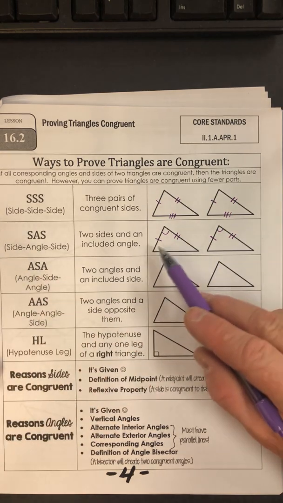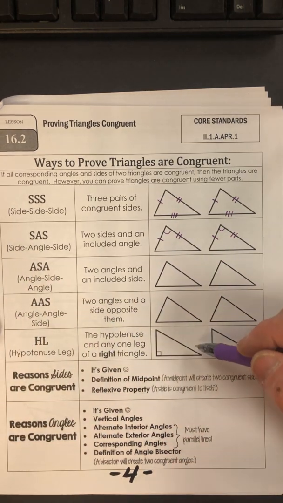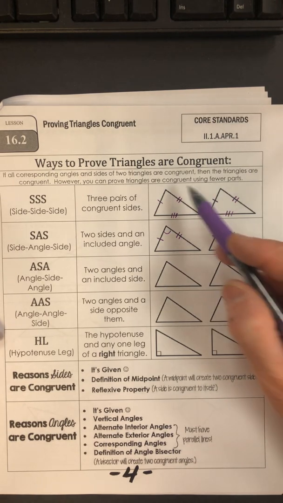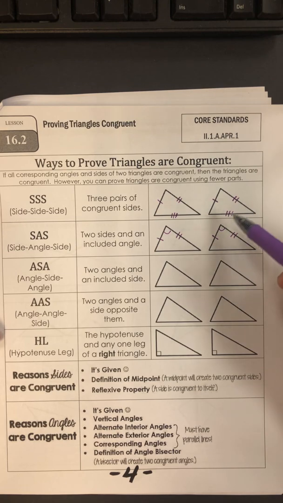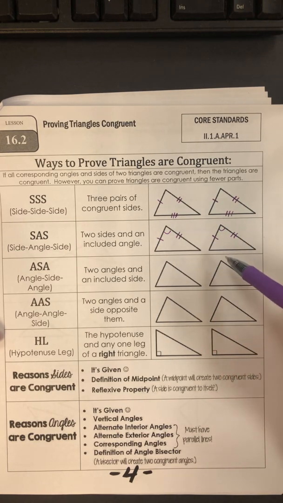If this is the case, then side, angle, side is our rule. Okay? So all three sides, side, side, side. An angle in between two sides, side, angle, side.